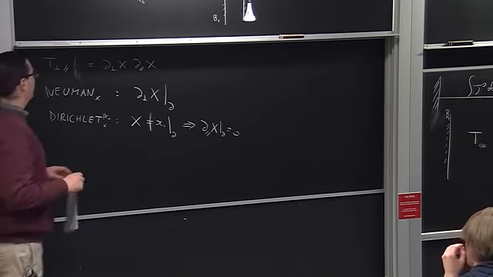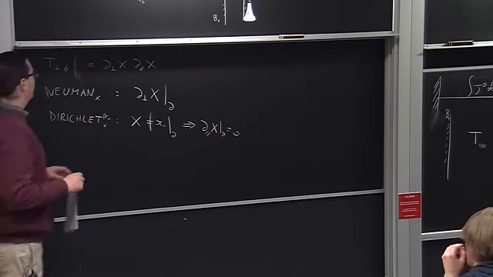Now, if you have multiple scalar fields, the possibilities proliferate. So one obvious thing you can do is to just say, I take Neumann boundary conditions for some of the scalars, Dirichlet for some of the other scalars.